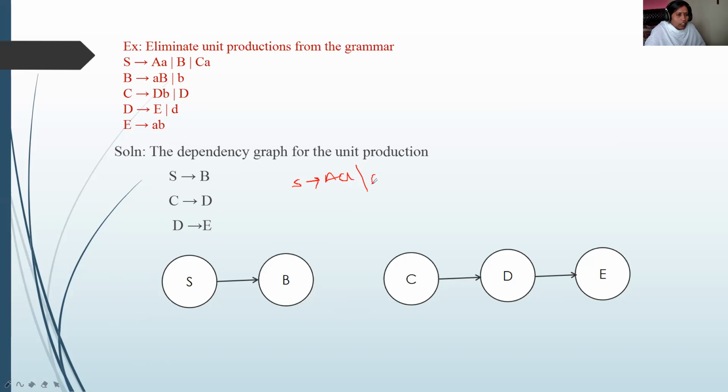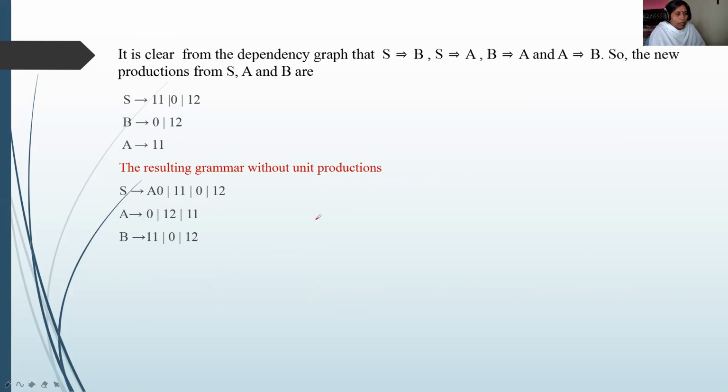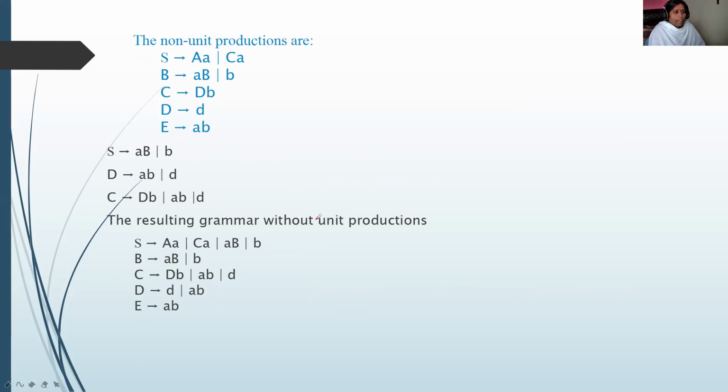What are B's non-unit productions? AB or B. Then CA as it is. See here: AA, AB or B, CA. Same thing.